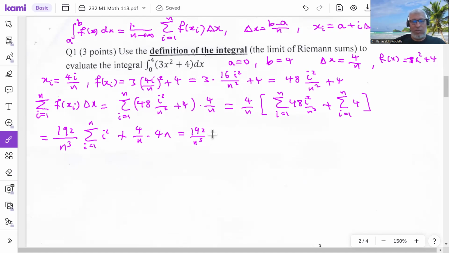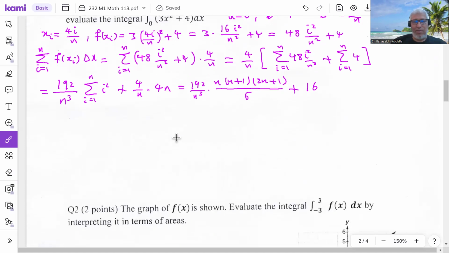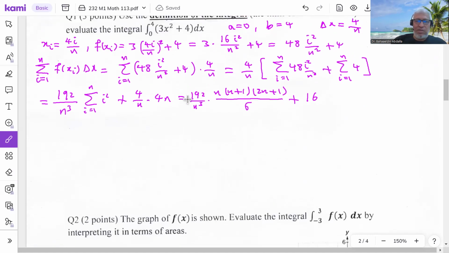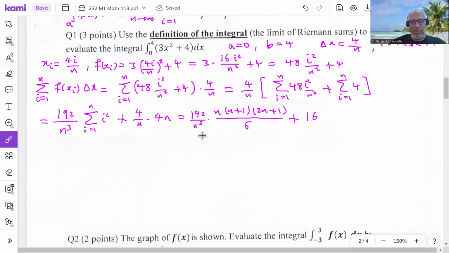What is the summation of i squared? n times n plus 1 times 2n plus 1 over 6. And here n cancels with n, and 4 times 4 is 16. Now 192 over 6 is 32, and n cancels with one of the n cubed.